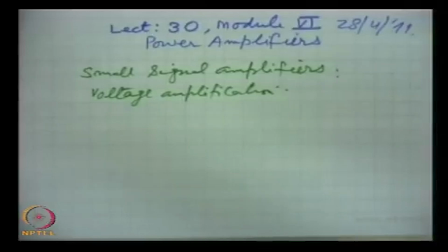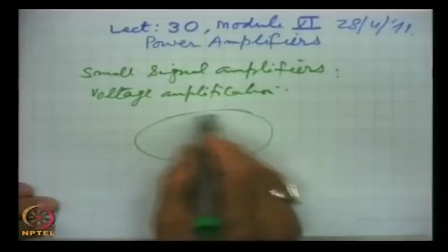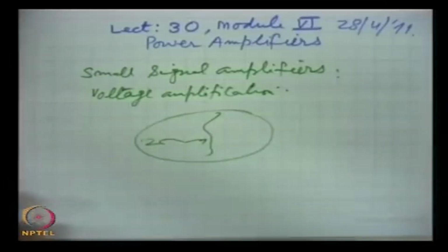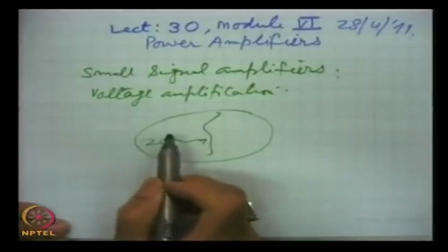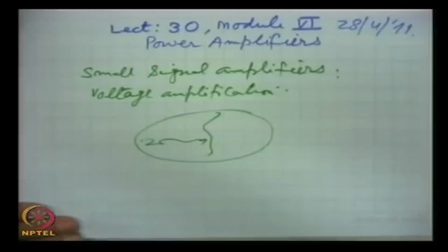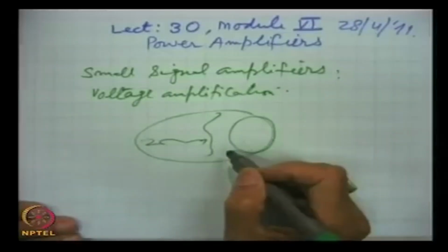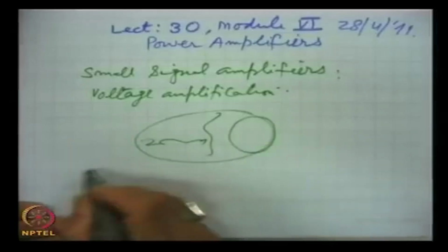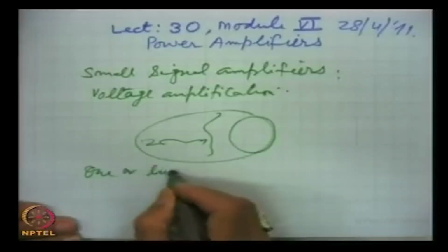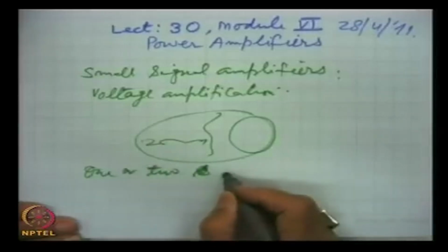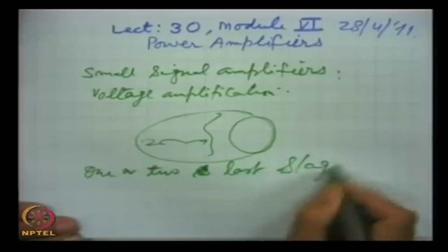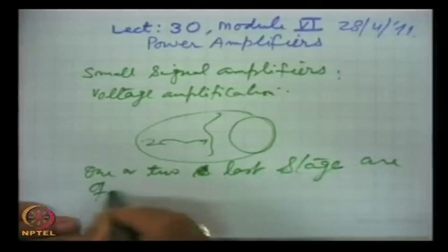Now, as I was saying, an electronic system contains one or in fact several stages of small signal amplifiers, the first, second, third, several stages are there. But at the output we require power to be delivered to the load. So, one or two last stages are of power amplifiers.